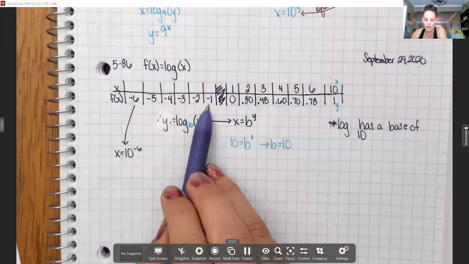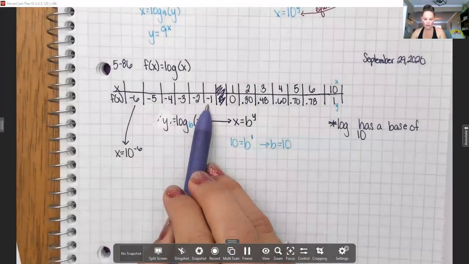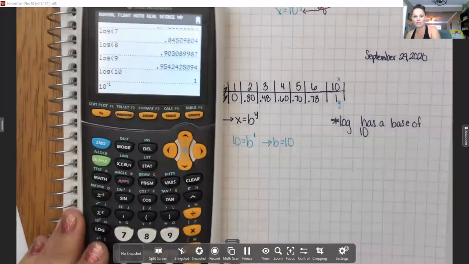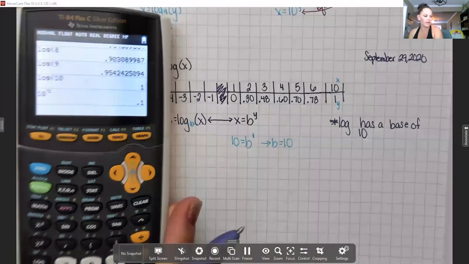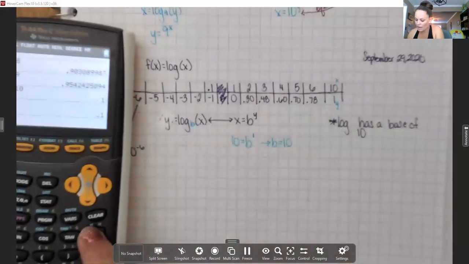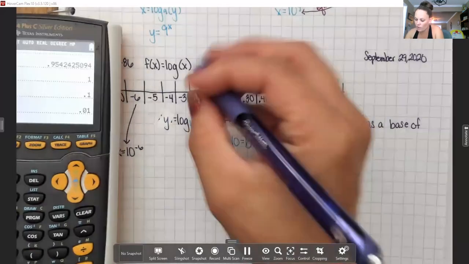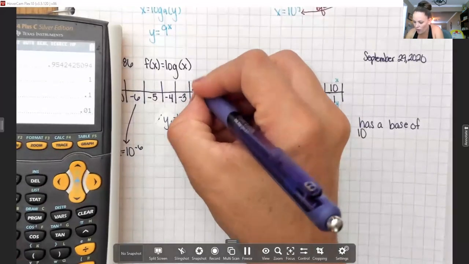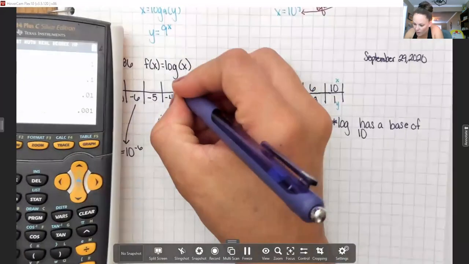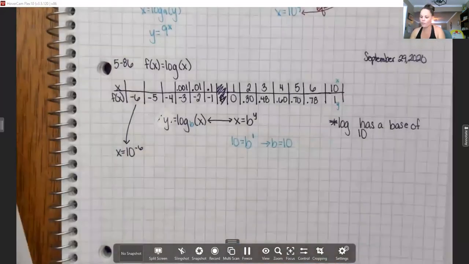So 10 to the power of -1, which hopefully we remember, but just to show you, that negative exponent again will give you 0.1. 10 to the power of -2 is 0.01. 10 to the power of -3 is 0.001.